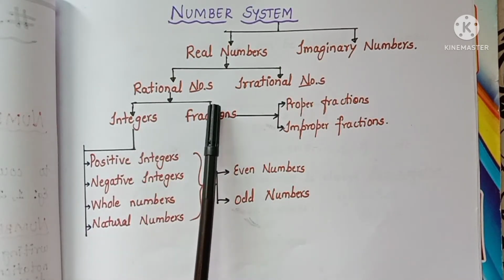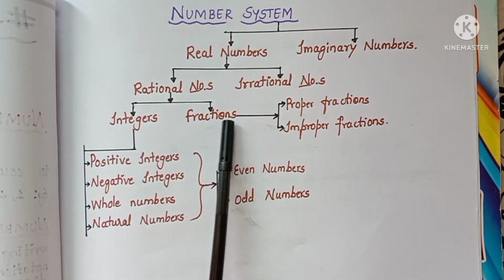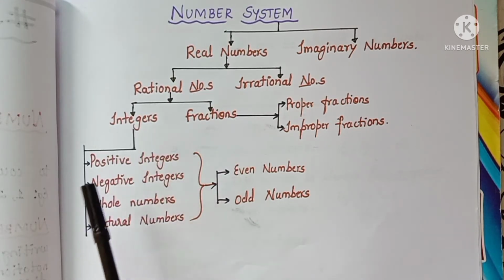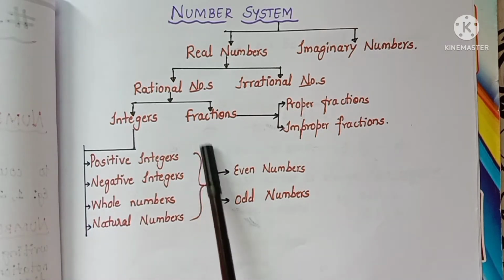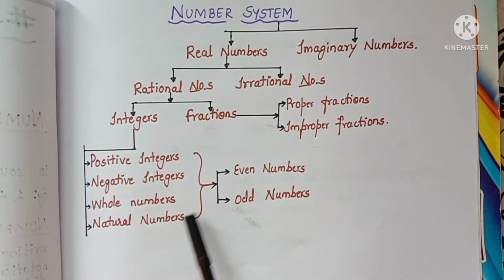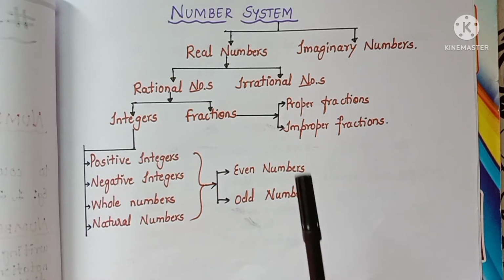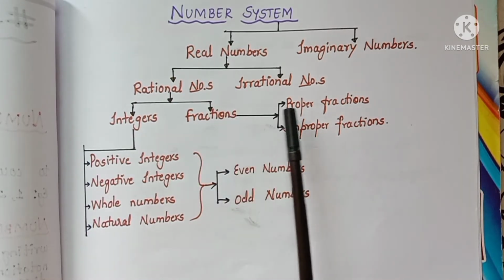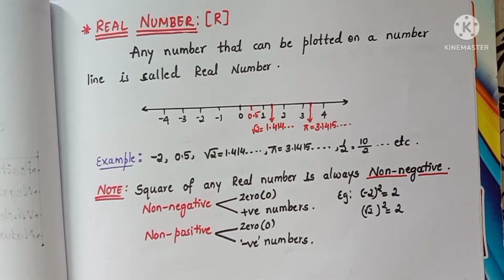In rational numbers we have integers and fractions. In integers we have positive integer, negative integer, whole number and natural number. These all together will be what? Even numbers as well as odd numbers. In fractions we have proper fraction and improper fraction.